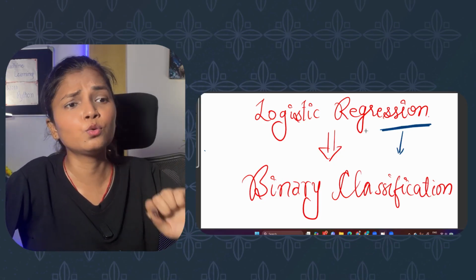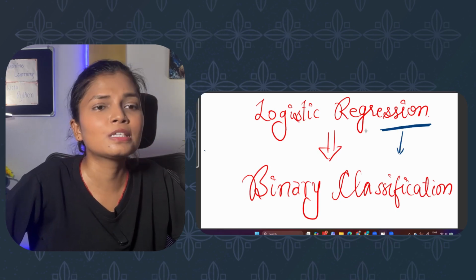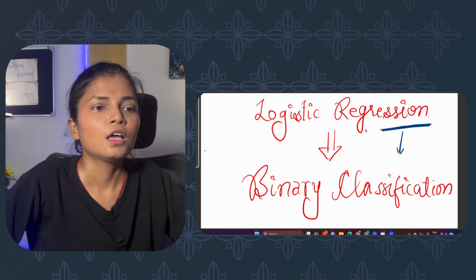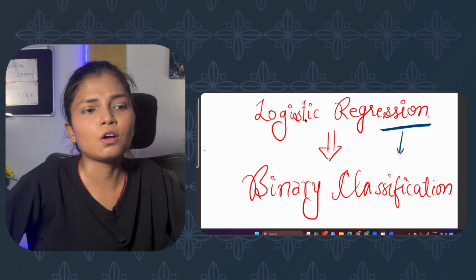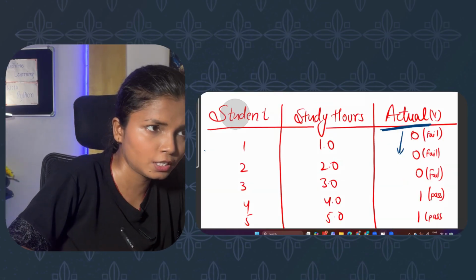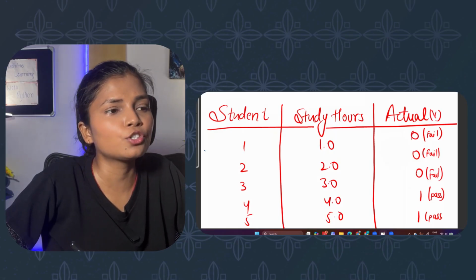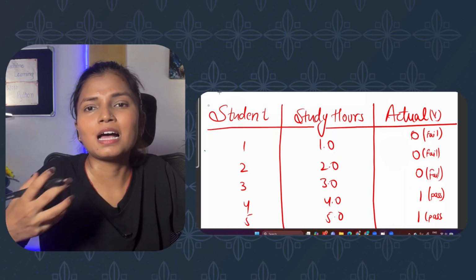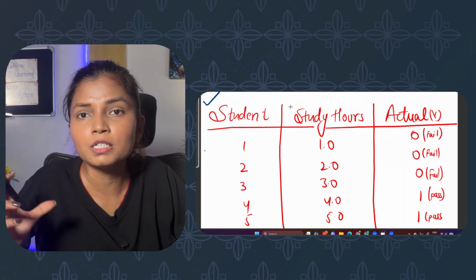So now we are going to work on one example which is related to study. We have sample data where I have the student, which is the serial number. Then I have another column which is study hours, meaning how many hours that particular student studies.